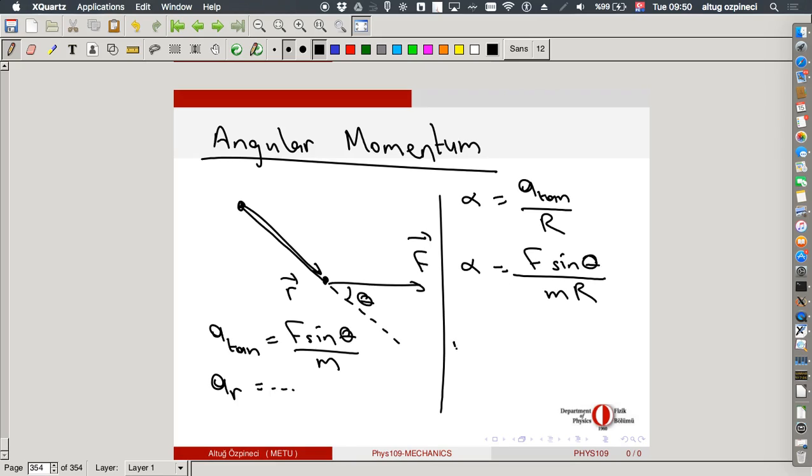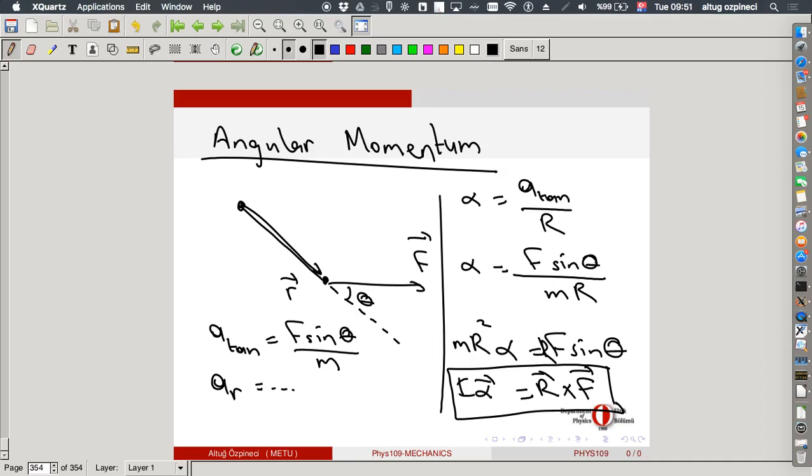Or then we said that m r squared alpha is equal to F sine theta times r, or in vectorial form we said that I times alpha is equal to r cross F. This is what we can derive.